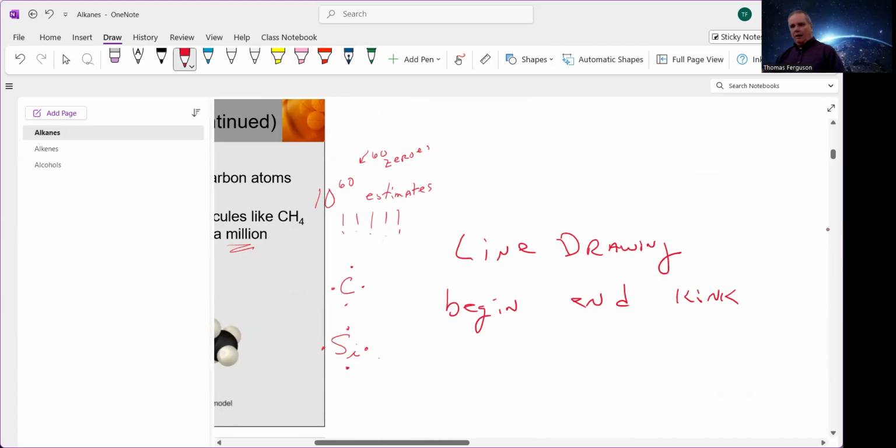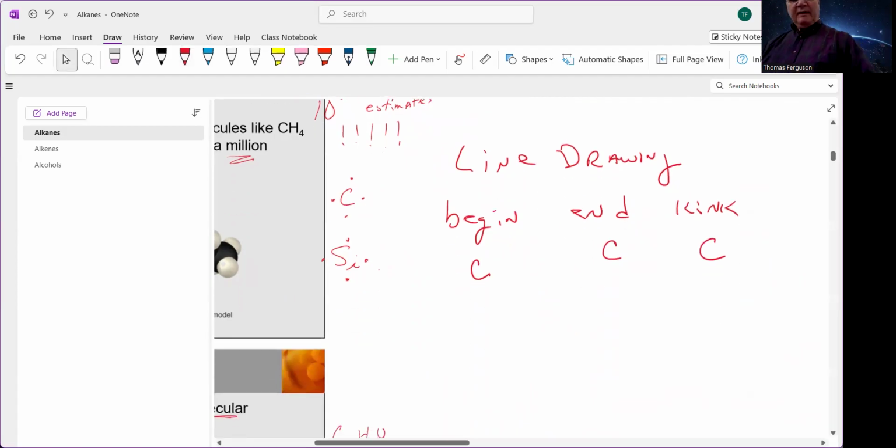All line drawings have a beginning and end, but not all of them have a kink. Whenever there's a beginning, there's a carbon. When there's an end, there's a carbon. And whenever you have a kink, you have a carbon.